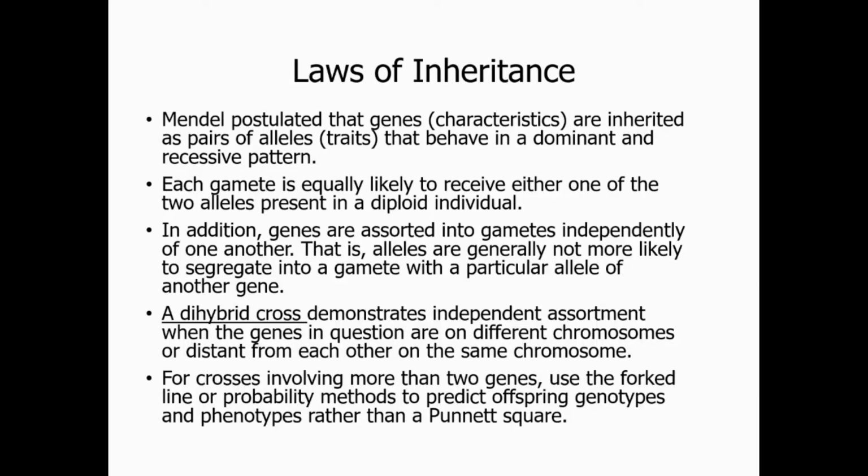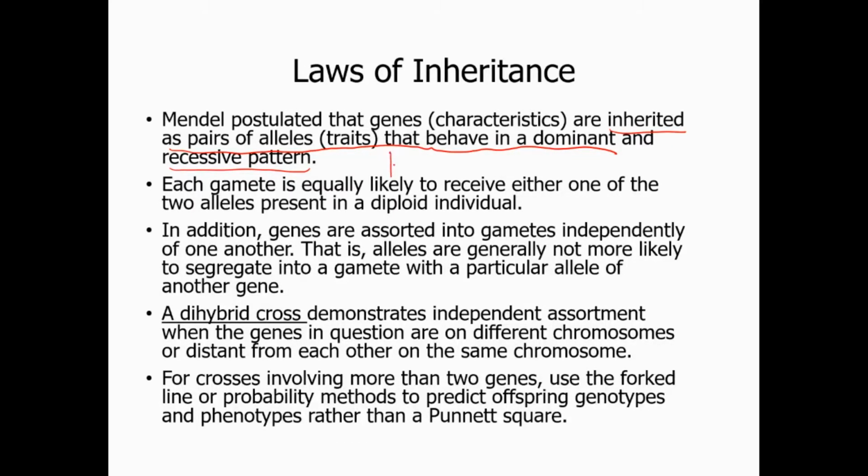So Mendel postulated that genes, which code for different characteristics, are inherited as pairs of alleles that behave in a dominant recessive pattern. Again, this statement was true back then, right? But now we have discovered some genes, some characteristics, are not inherited in the dominant recessive pattern.